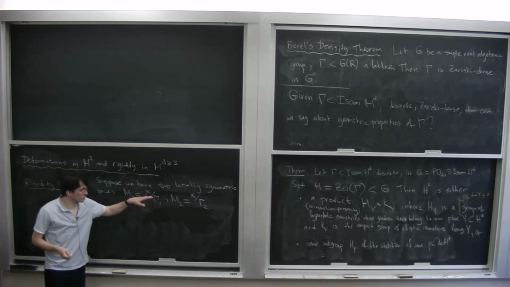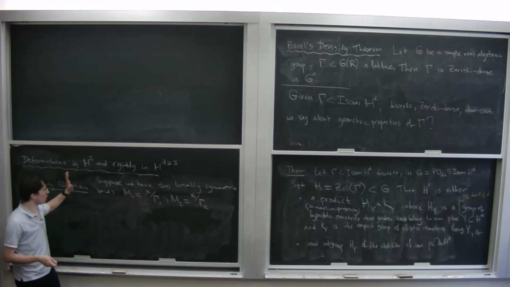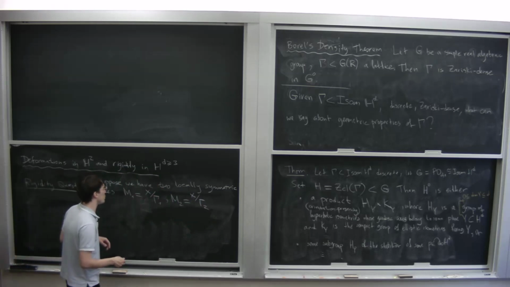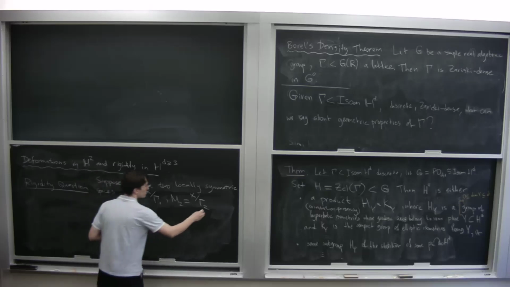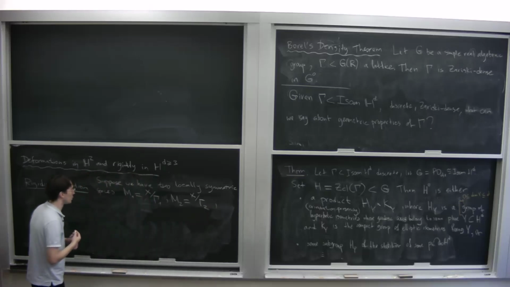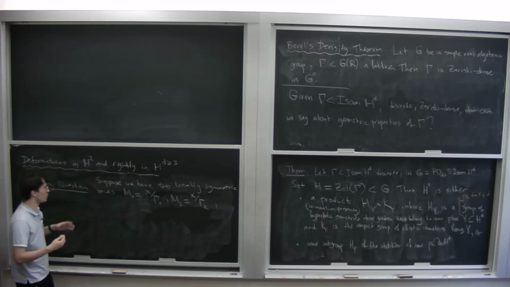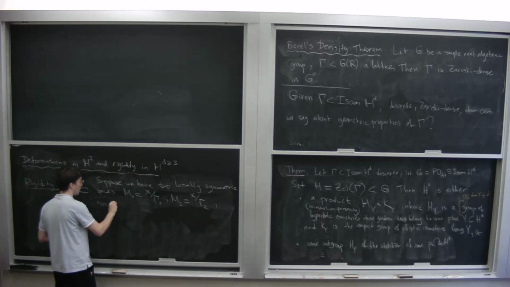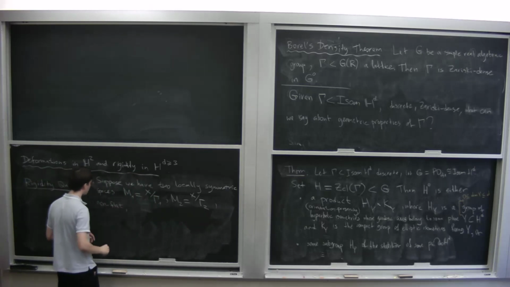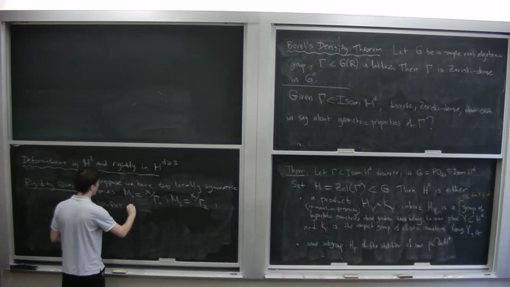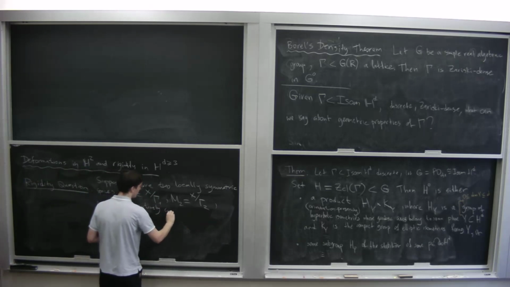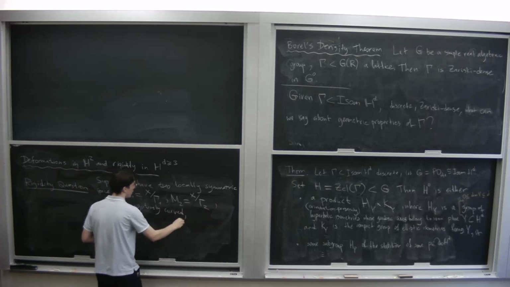I have these spaces to be common, and I also assume that these are, okay, finite volume, right? So suppose we have two locally symmetric spaces, non-flat, negatively curved, and finite volume.